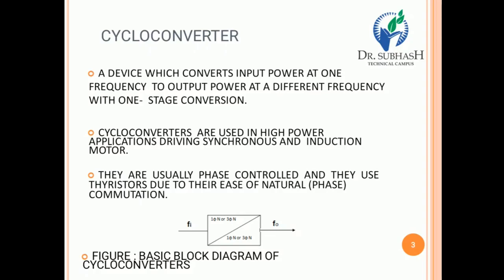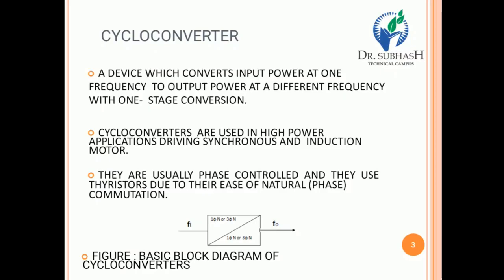In the case of the cycloconverter, we apply the input power with a single frequency that can be represented as Fi, and we get the output power with a frequency that can be represented as F0. So single phase or three phase can be converted into three phase or single phase.